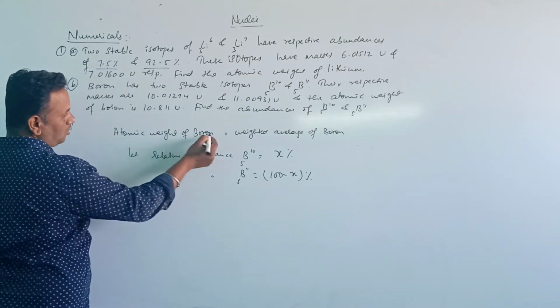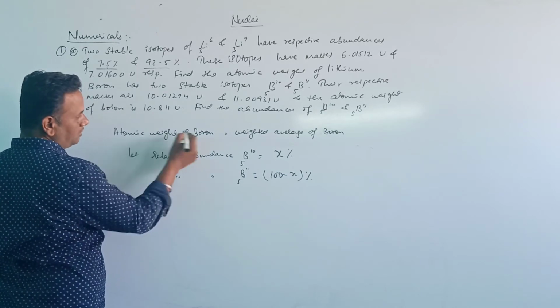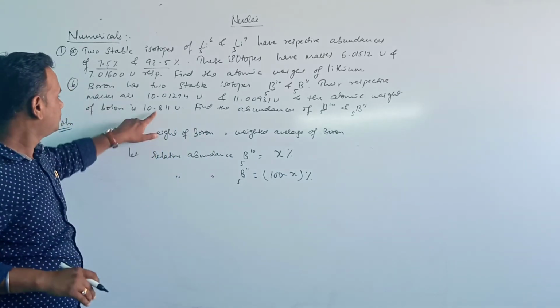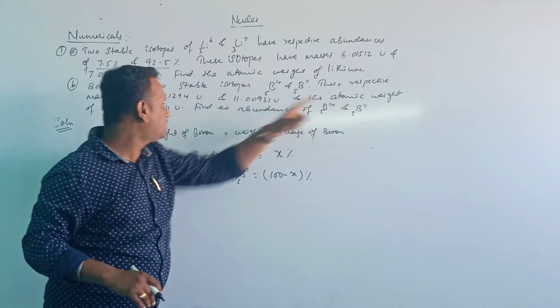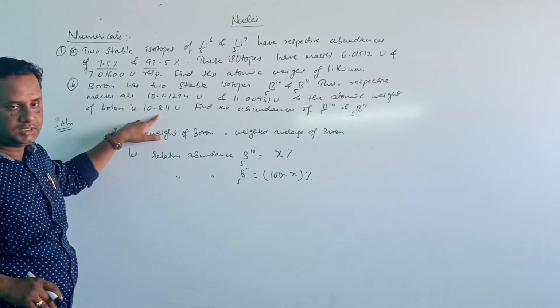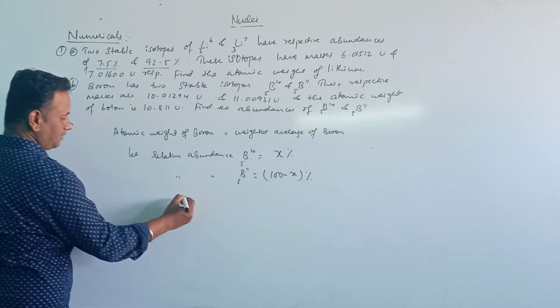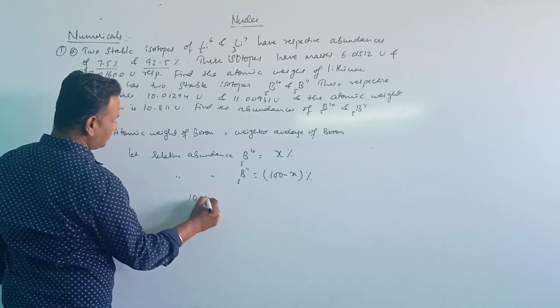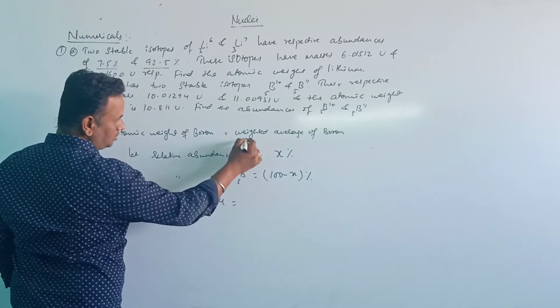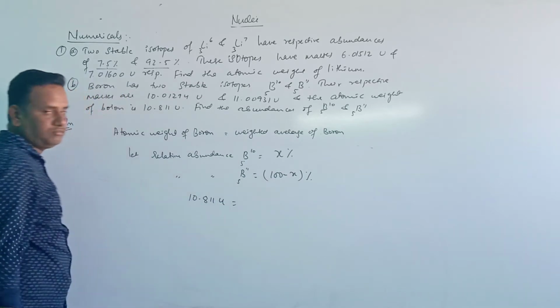The atomic weight of boron is 10.811. So I write 10.811 is equal to the weighted average of boron.